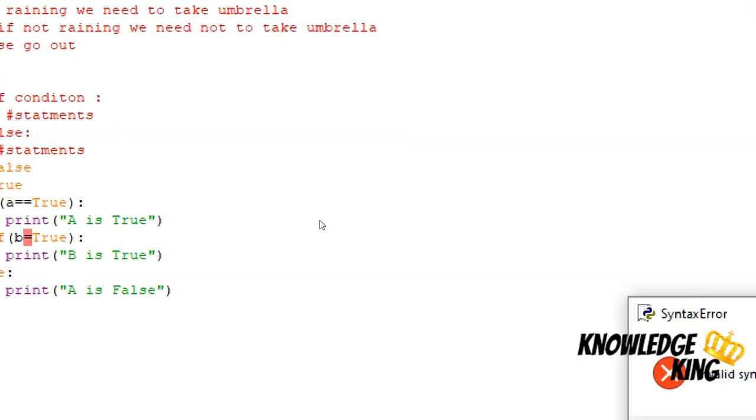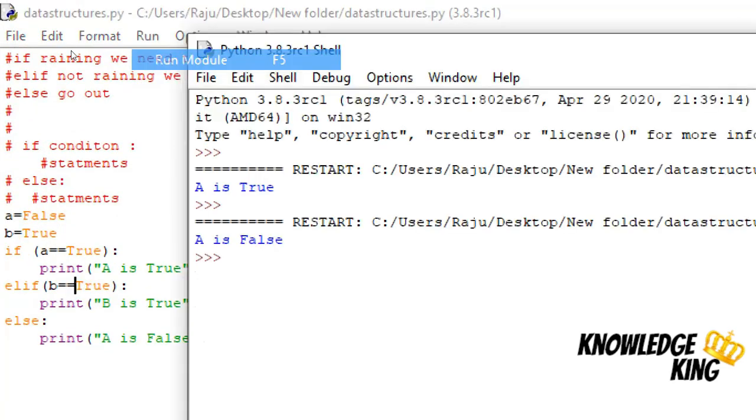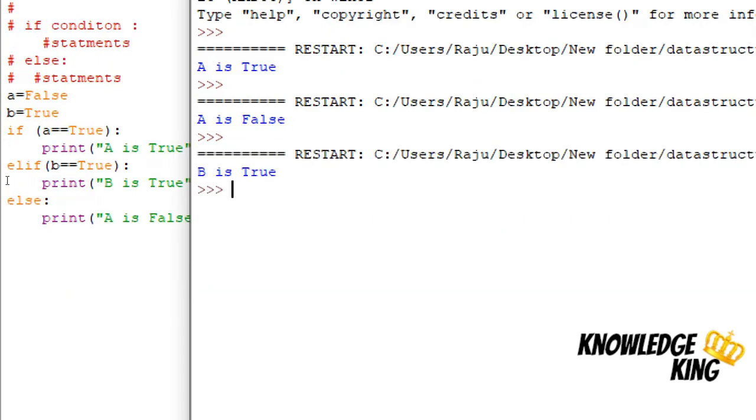Sorry, double equals to, and I'll run the program again. As you can see, b is true.